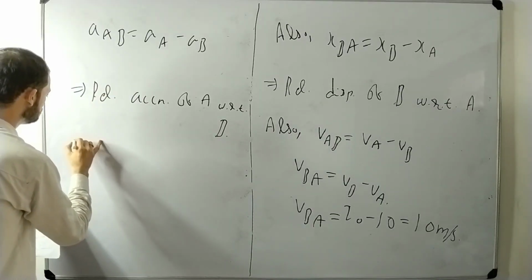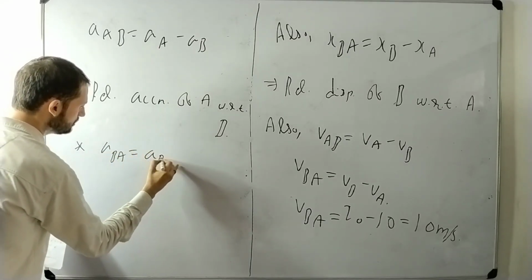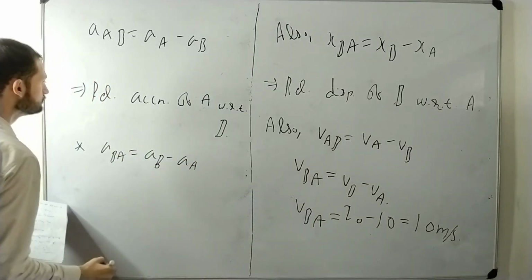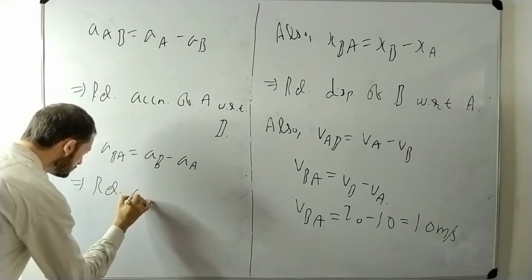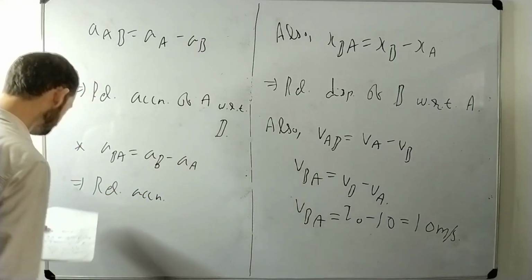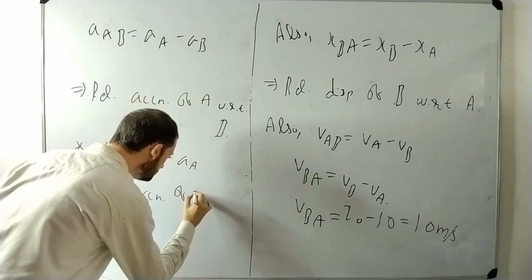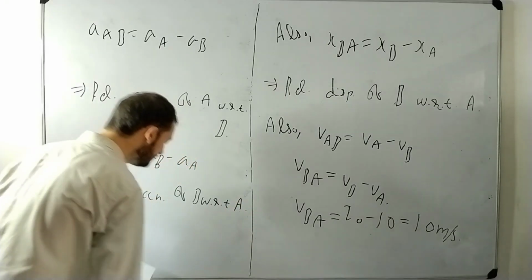Same goes here: ABA is acceleration of B minus acceleration of A, the relative acceleration of B with respect to A. So we have understood.